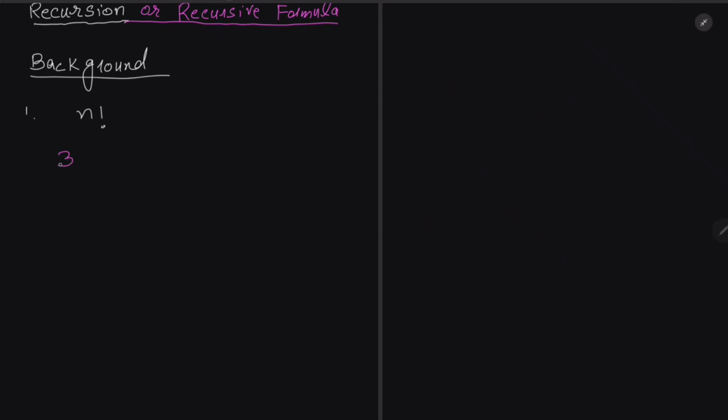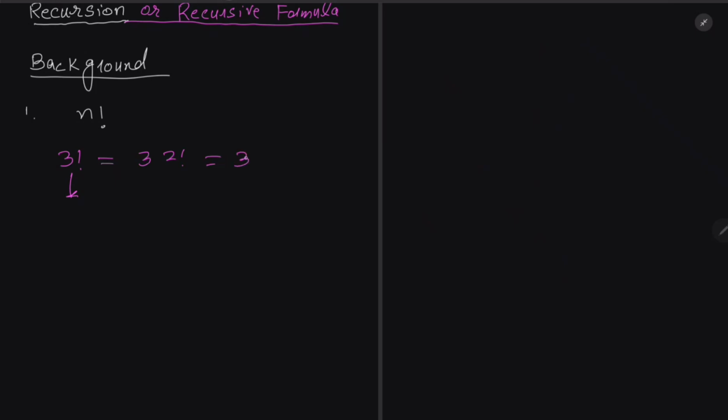Suppose we have 3 factorial. It means 3, 3 minus 1, 3 minus 2, something like that. Or maybe I can write 3 factorial as 3 times 2 factorial.